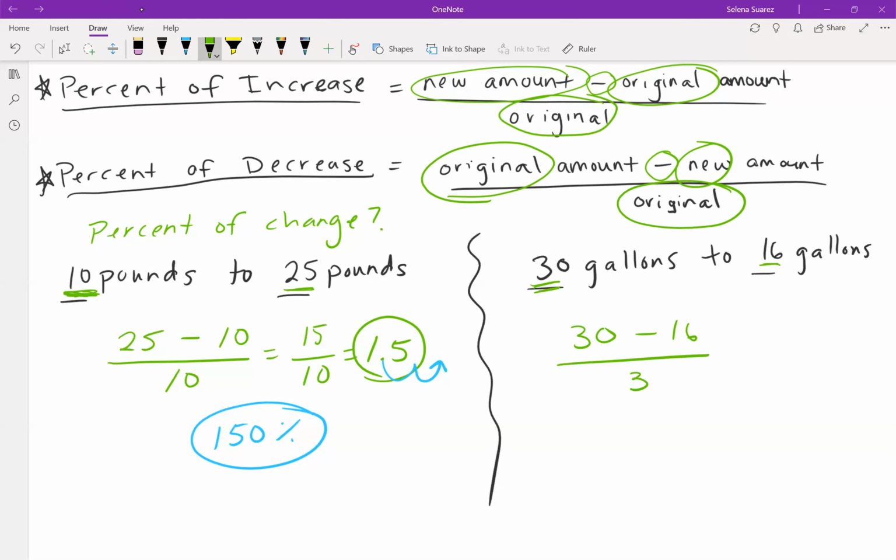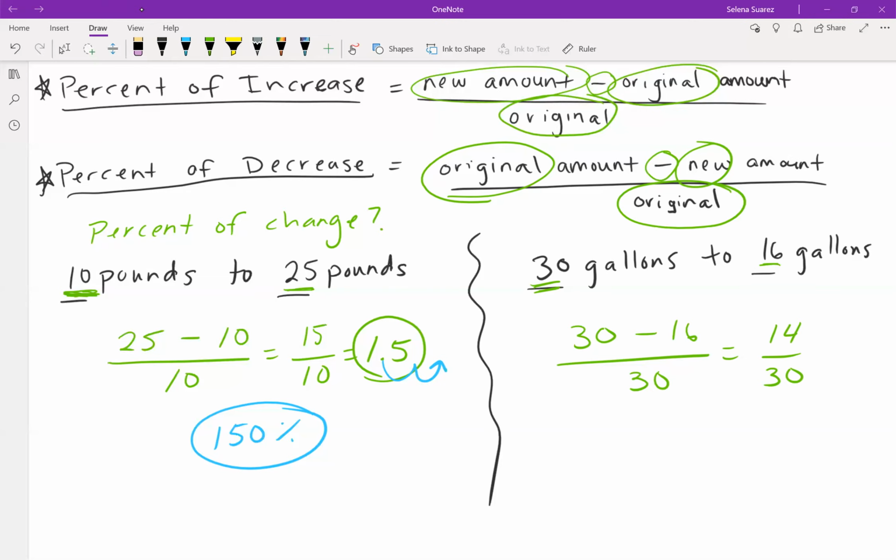So that's 30 again. Okay. So 30 minus the 16. Okay. So that would give us the 14 over 30. Okay. And let me do that on my calculator here. Let me see what I get. So 14 divided by 30.